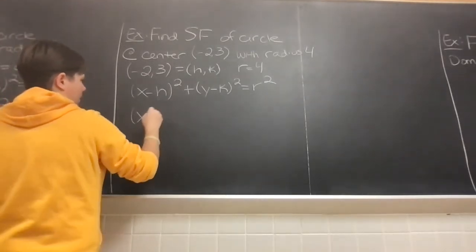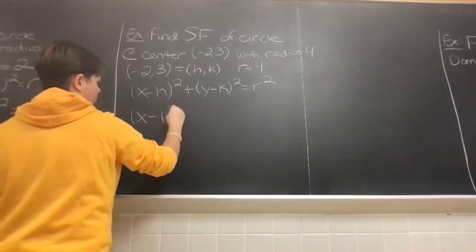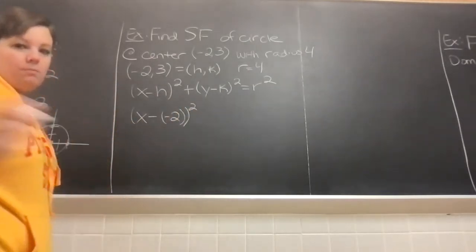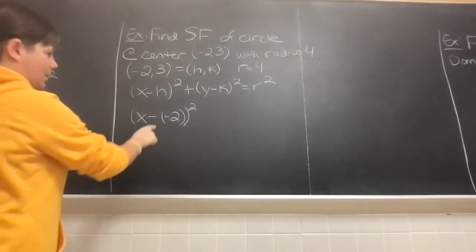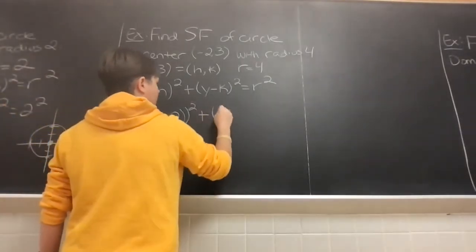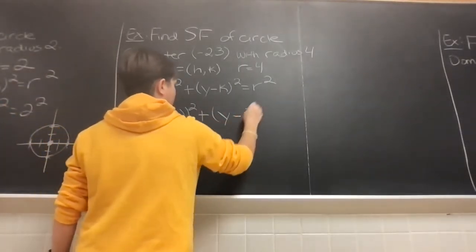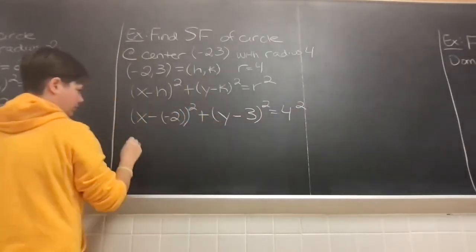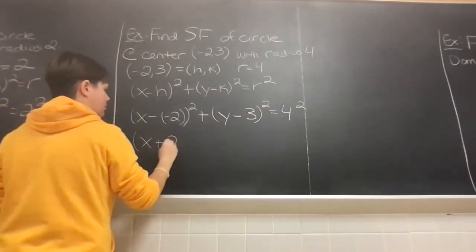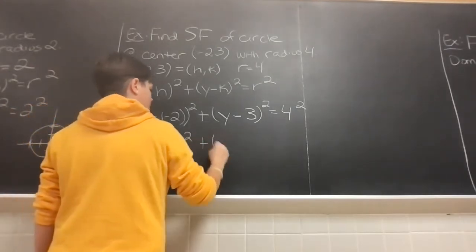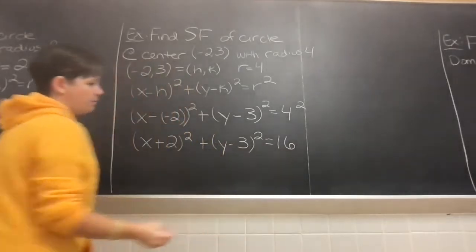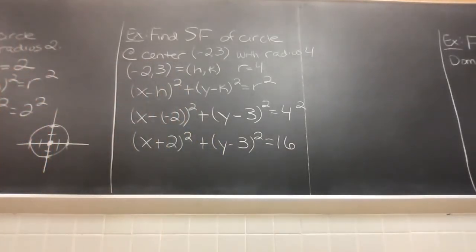I have x minus my h, which is -2, so that's where you need to be careful. You don't just put -2 in there because you have to make sure you distribute in that negative. Plus y minus my k, which is 3, equals 4 squared. So (x plus 2) squared plus (y minus 3) squared equals 16. I can't reduce it down any further.